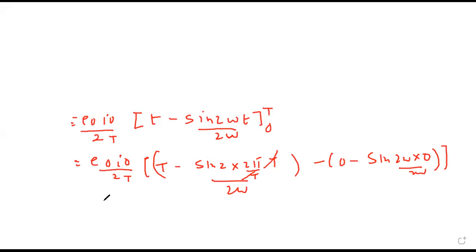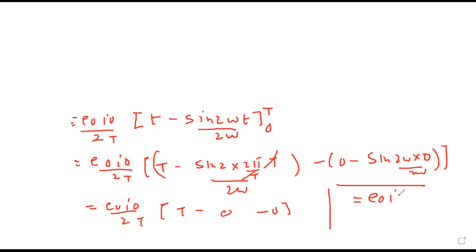This is cancelled. E0 I0 upon 2T into T minus 0 minus 0. This will become E0 I0 upon 2T into T, T gets cancelled.